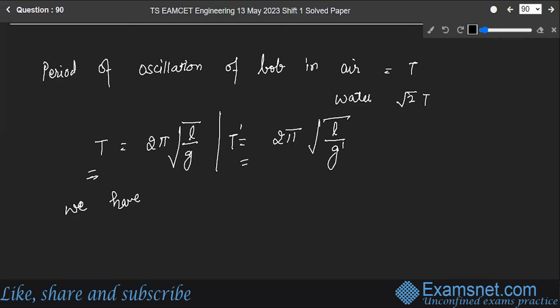So now dividing both of them, T upon T dash is equal to root of g dash upon g.